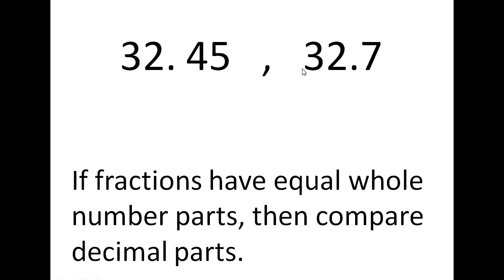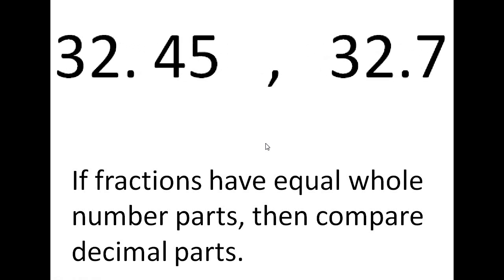Both are the same, so go to the first place of the decimal part. The first place, that is the 10th place, is 4 and here the 10th place is 7. So which is bigger? 7/10th is bigger. So 32.7 is greater than 32.45.